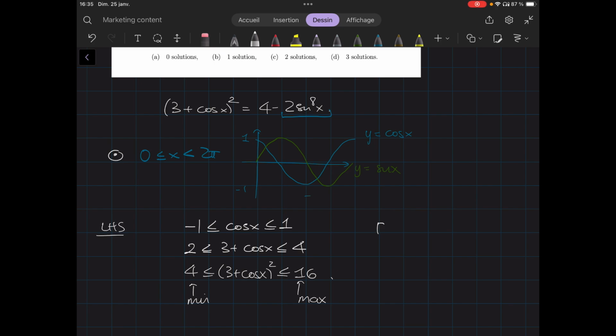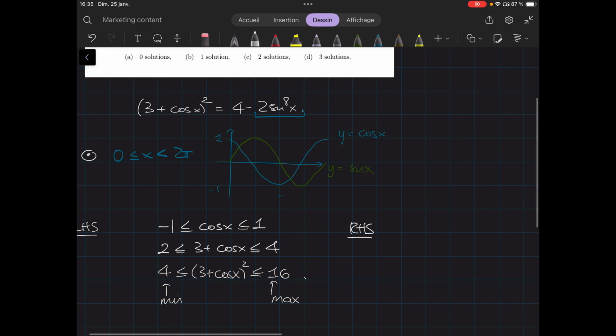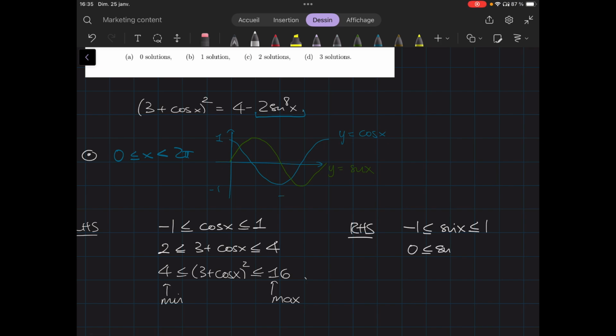Let's look at the right-hand side. Sine of x is also between -1 and 1 on the domain. Therefore, sine to the 8 of x is between 0 and 1. The reason we have 0 here is because a square number cannot be negative, because we are only talking real numbers here.